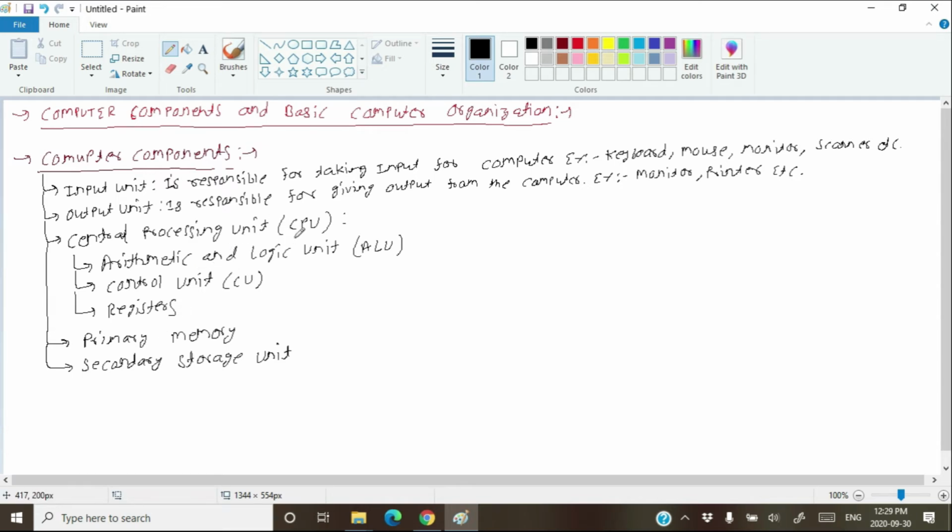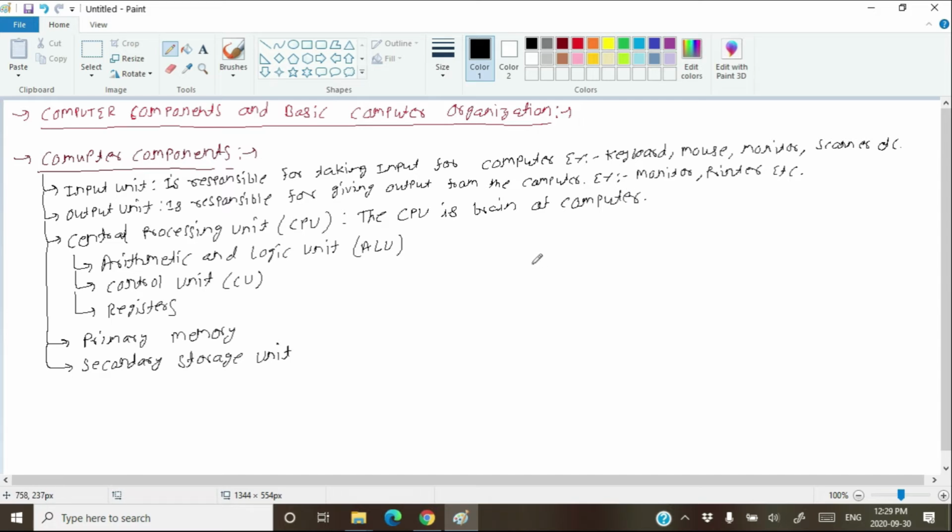But what actually the computer is, where the calculation actually happens in the computer, that is the CPU. So the CPU, the central processing unit, is the brain of the computer.